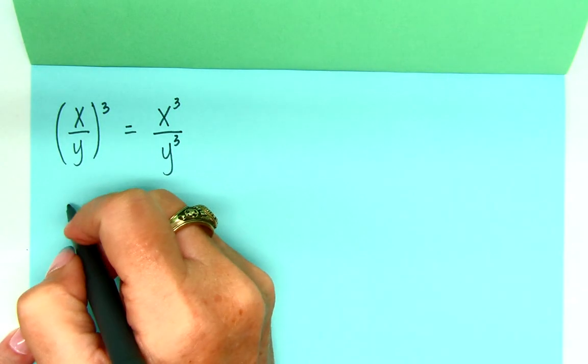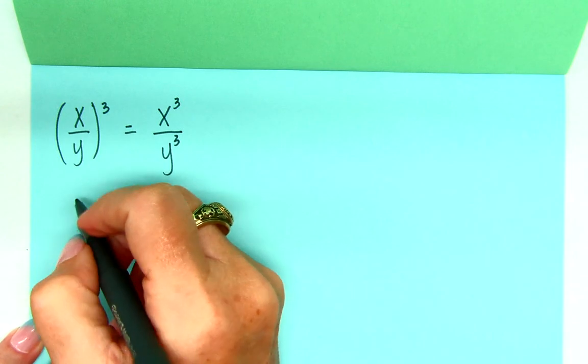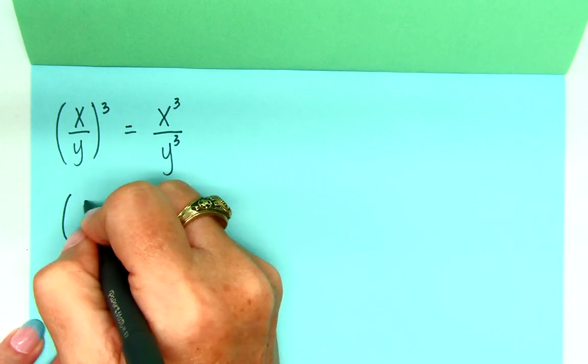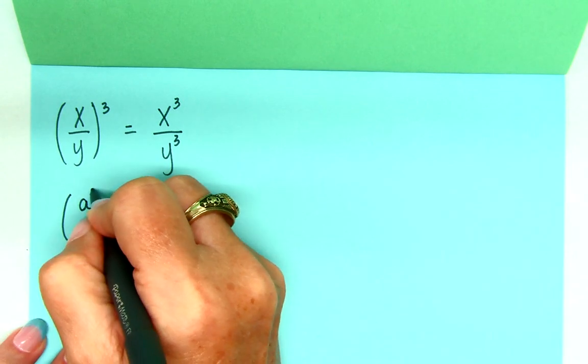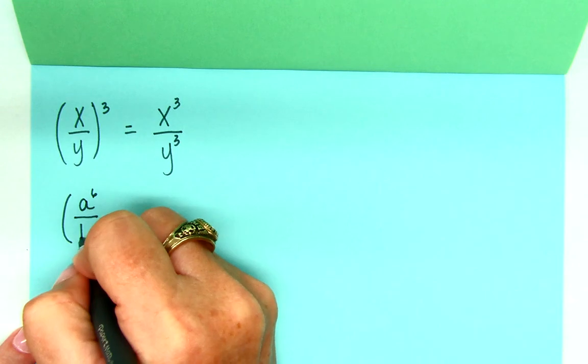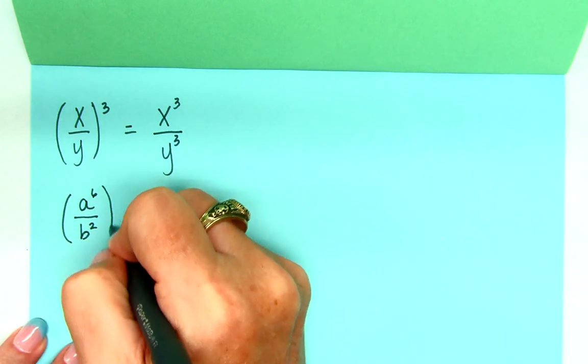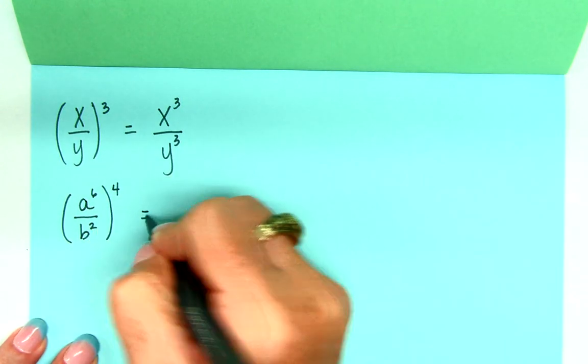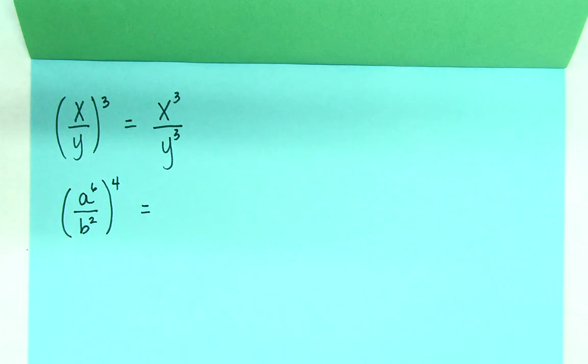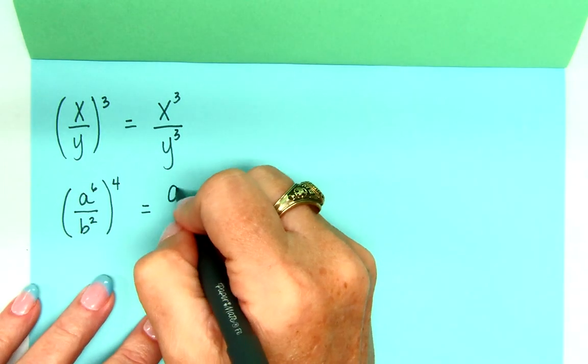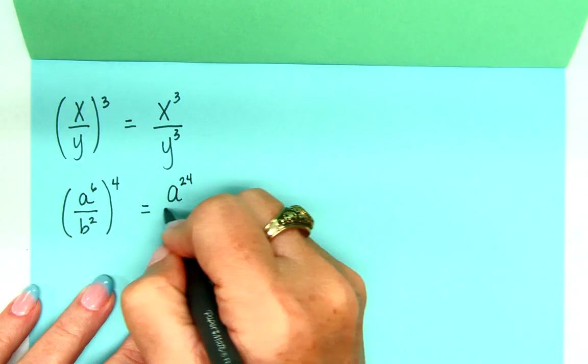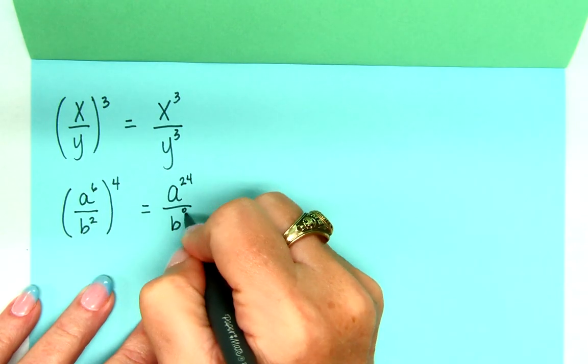Are they all always that straightforward? No? Okay. A to the 6th over b squared, all raised to the 4th power. A to the 24th, b to the 8th. That's exactly what it would be.